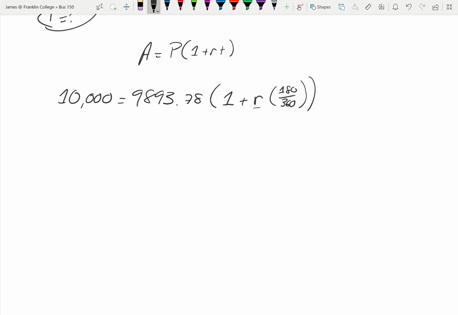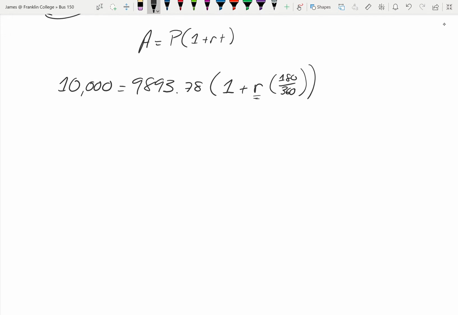Now we want to solve for this R right here. All right, so what I would do is divide by this $9,893.78 on both sides of our equation.